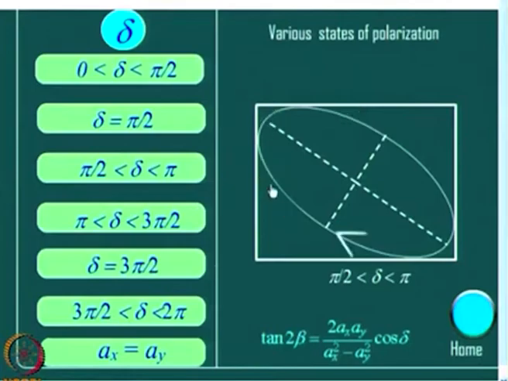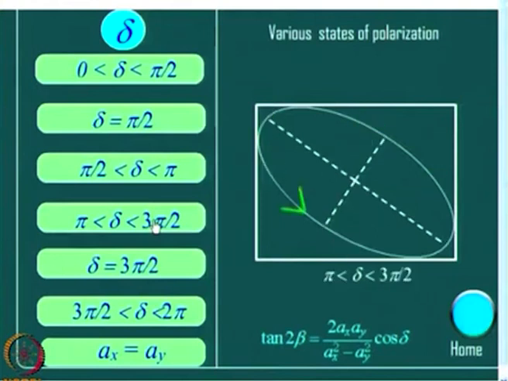If I go to the range pi to 3 pi by 2, you will find the handedness also changes. So, the orientation remains the same, but the handedness changes.